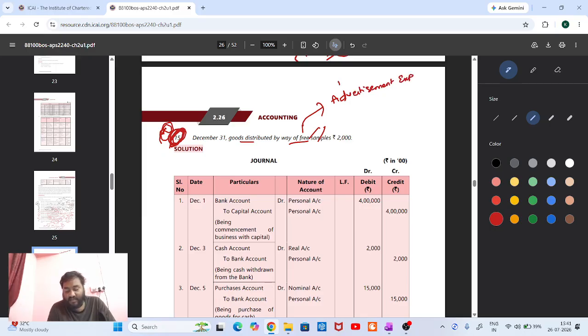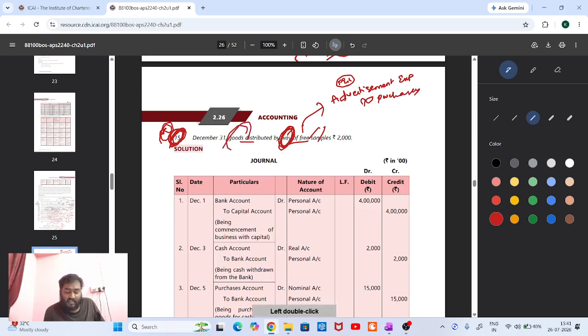Expenses, P&L item. Expenses, debit item, right? So we debit this. Two, purchases. What do we give?